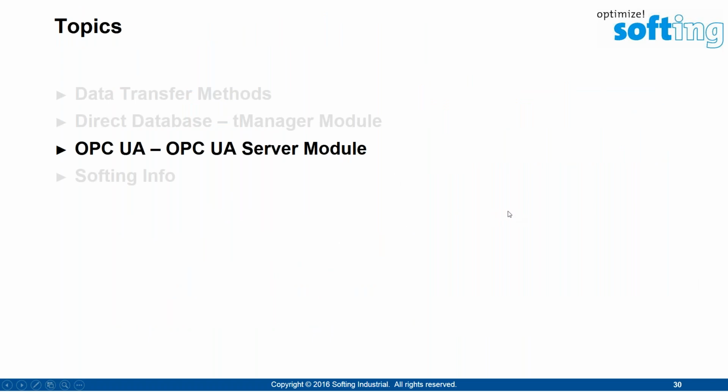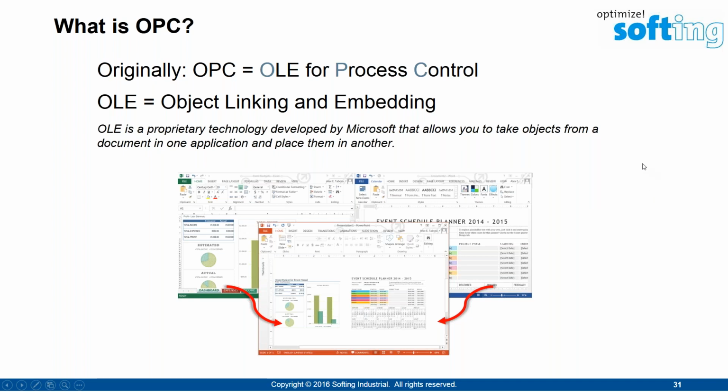Okay, now let's talk about OPC UA and the Softing OPC UA server module. So I'm going to start with talking about what OPC is. Some of you might be familiar with it, but I see that especially OPC UA is a leading technology in Europe.